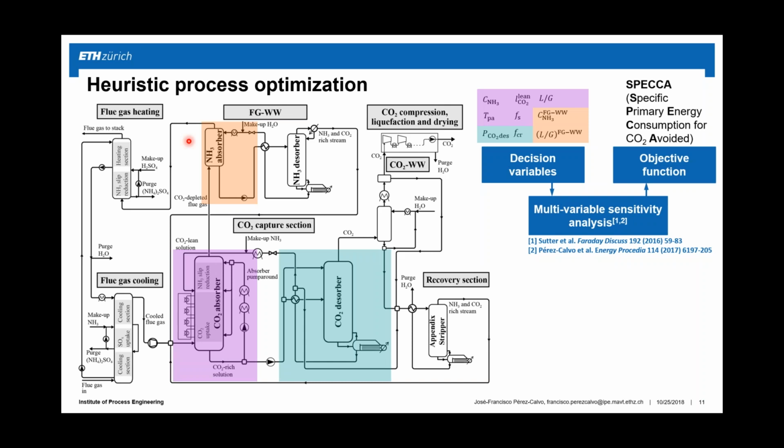The SPECCA is a way to consider homogeneously the different types of energy that the chilled ammonia process will need. On the one hand, the steam that is required in the reboilers, and on the other hand, the electricity that is required for chilling, cooling, fans and pumps, and for CO2 compression.